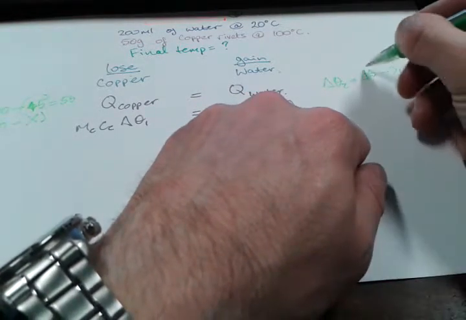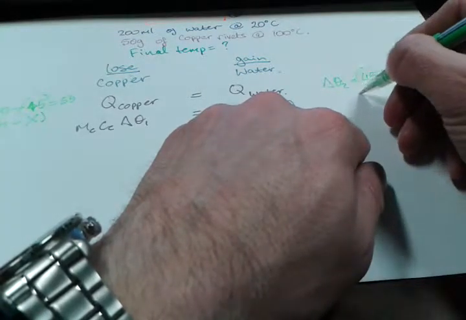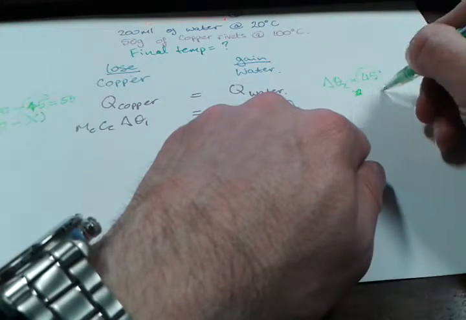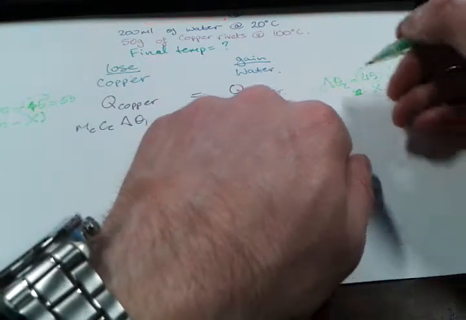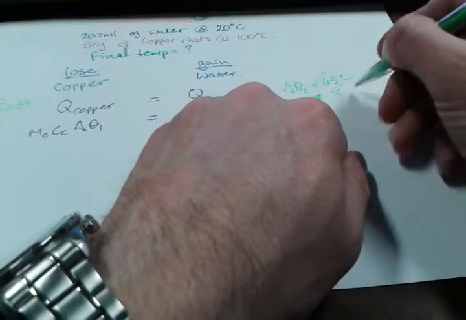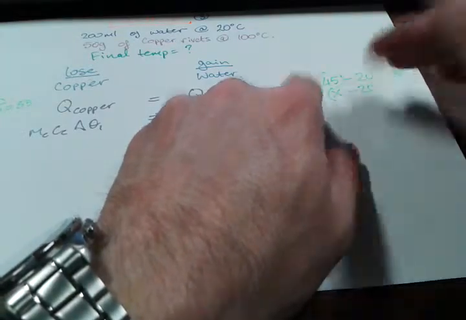But I don't know this value. That was just me imagining that I could know the value. Instead, I'm going to call this x, because it's going to eventually hit a temperature of x, so x minus 20 is what I'm going to put in for delta theta 2 now.